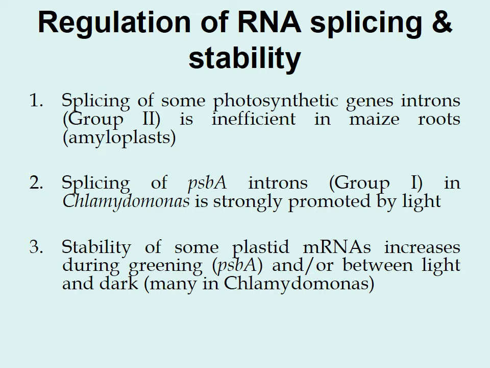The splicing of some photosynthetic genes, that is the group 2 intron, is inefficient in maize root amyloplasts. Splicing of the psbA intron, that is a group 1 intron, in Chlamydomonas, which is an alga, is strongly promoted by light. Stability of some plastid messenger RNA increases during greening and between light and dark cycles, as has been studied in Chlamydomonas.